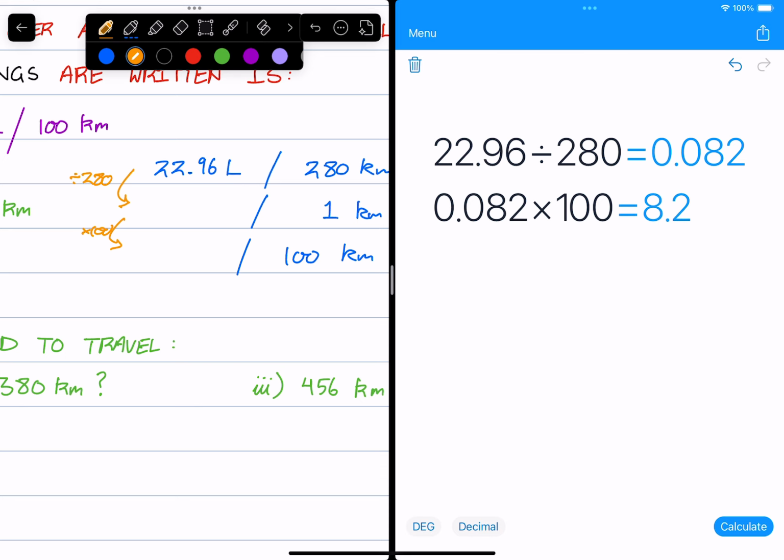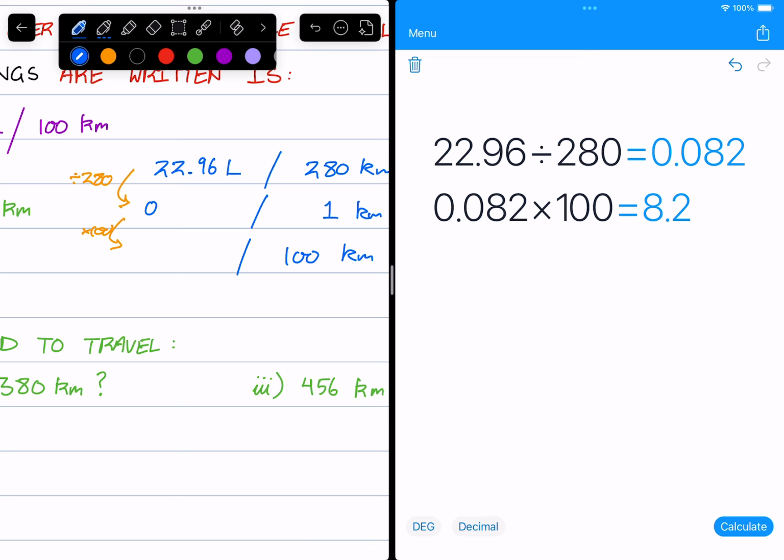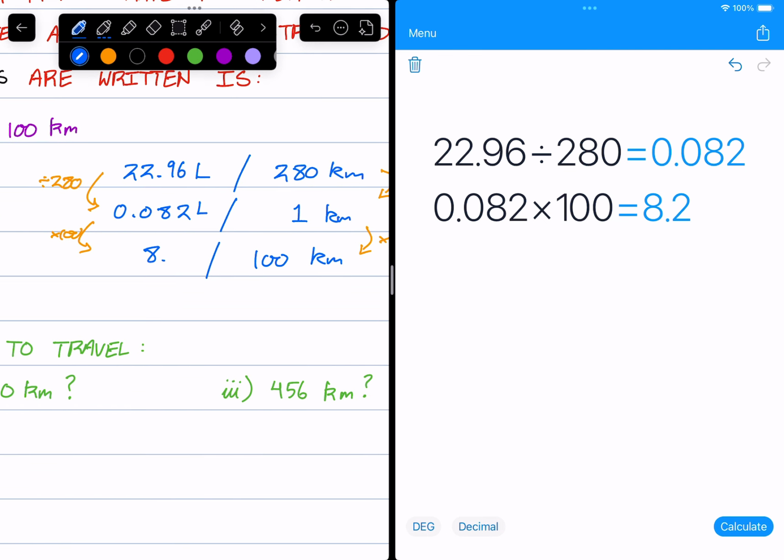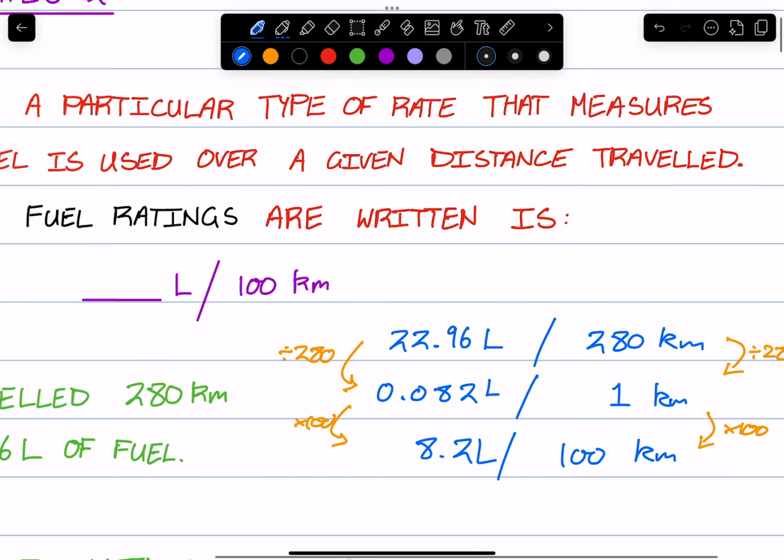So we're going to be using those numbers. We have 0.082 liters per 1 kilometer, or 8.2 liters per 100 kilometers.